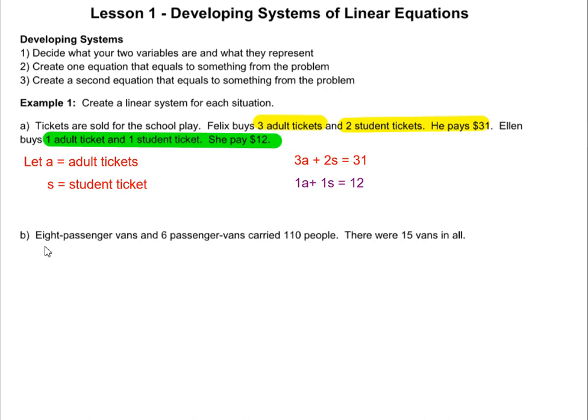So B here says we have 8-passenger vans and 6-passenger vans that carry 110 people. There are 15 vans in all. So when I'm underlining this, I have 8-passenger vans, 6-passenger vans, and now I have two different things going on here. I have 110 people, and I have 15 vans in all. So my 8 and my 6 are going with both, essentially.